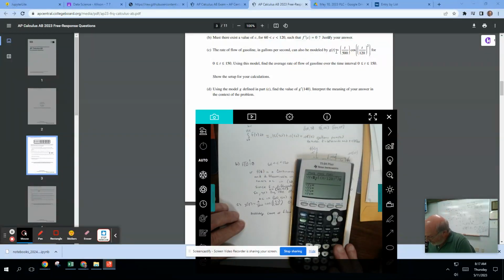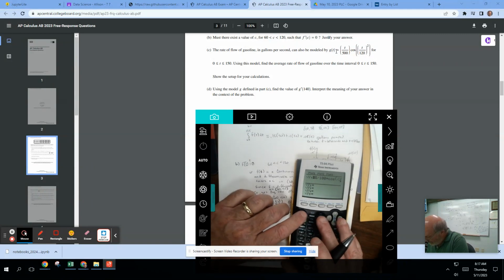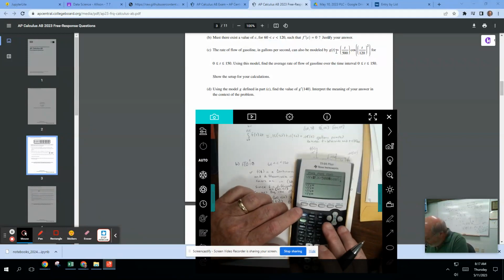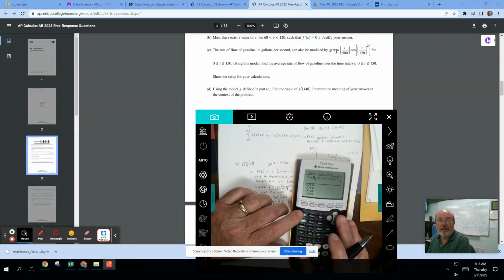So x over 500, let's make sure I got the function entered correctly. I'm going to insert the parentheses. Oh, yep, I did put 100 instead of 500. So second insert parentheses, change that to 5. So that's a 500 up there. I'm going to insert another set of parentheses here. That's good. And that's x over 120, all squared. So that should be what we need.